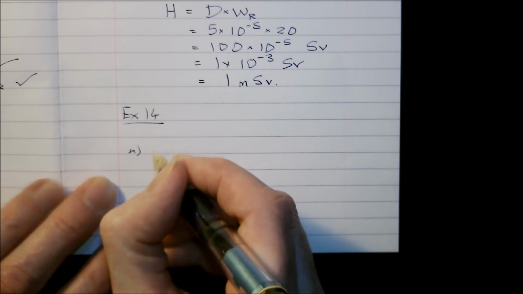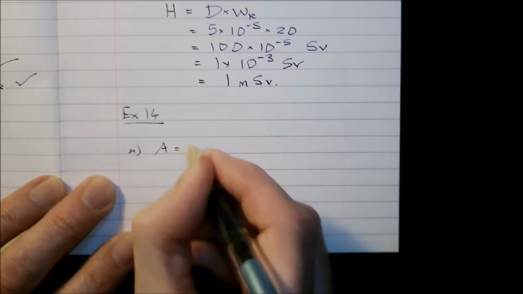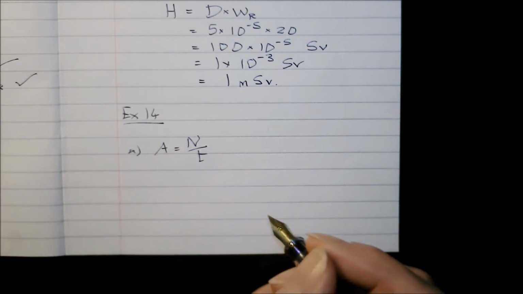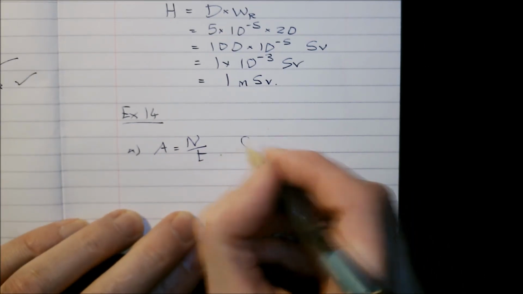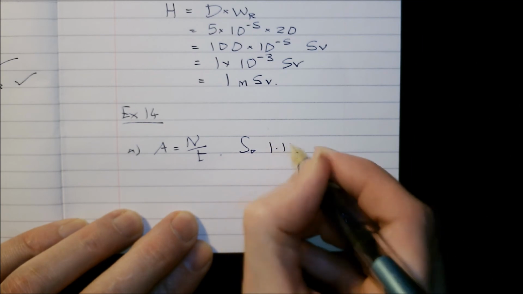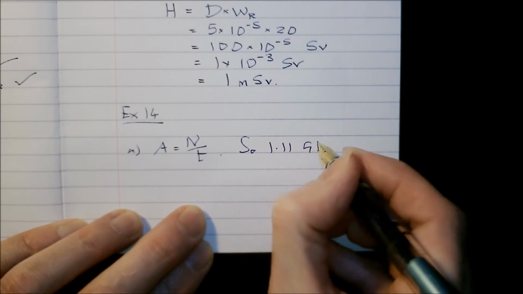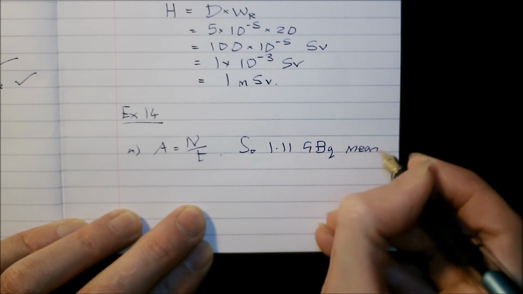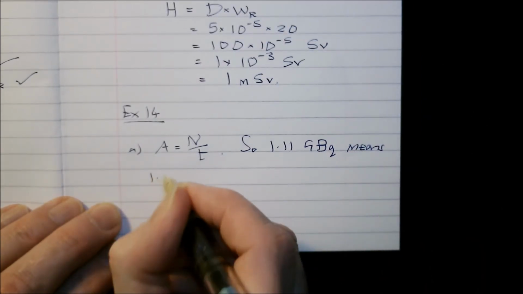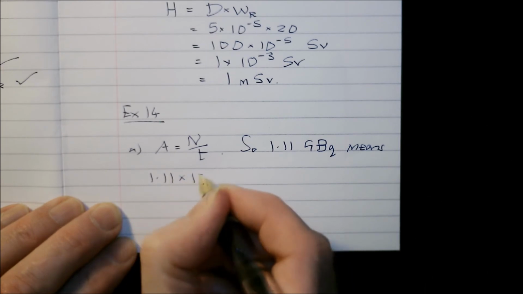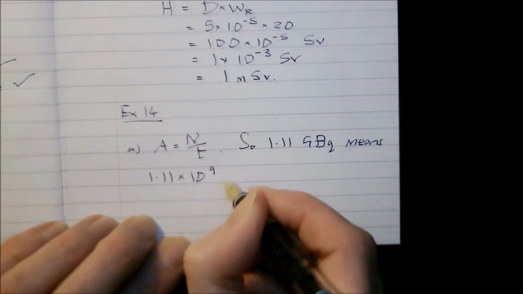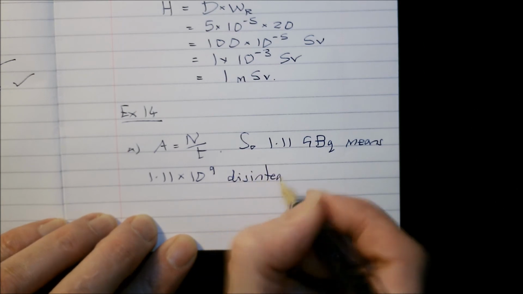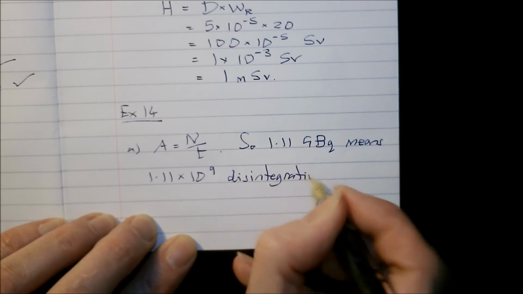So activity equals number of decays per unit time. That's the definition of activity. So 1.11 gigabecquerels means 1.11 times 10 to the power of 9 disintegrations per second.